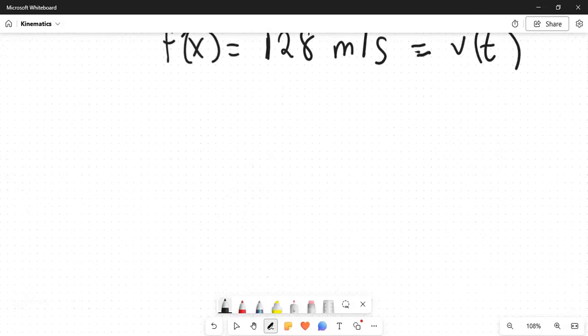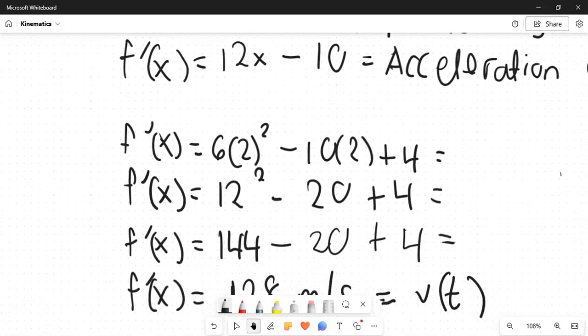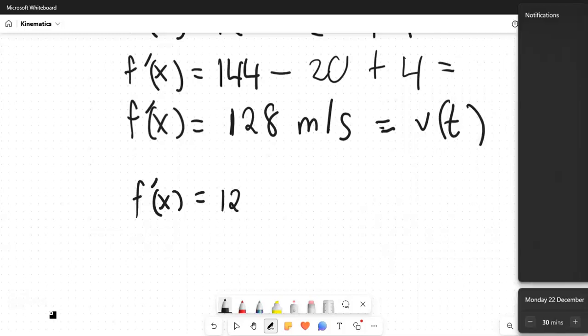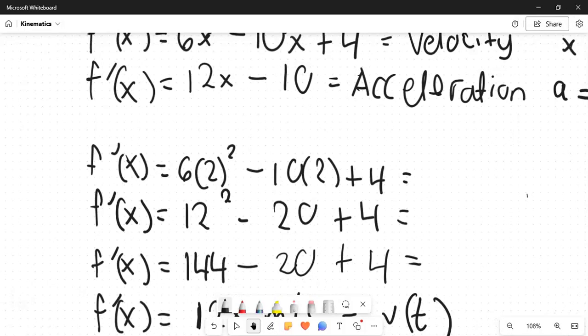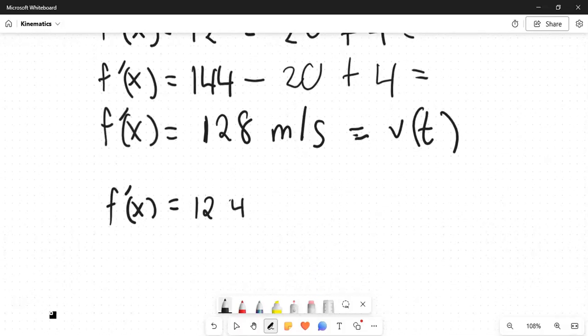So f dash x is equal to 12 times 4 minus 10.